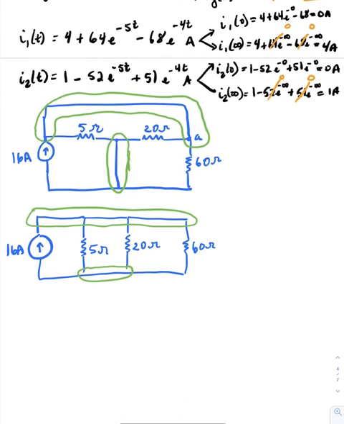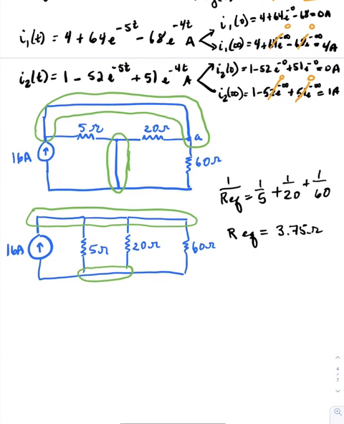So we can find our equivalent resistance. Our equivalent is equal to 1 over 5, well, 1 over our equivalent, plus 1 over 20, plus 1 over 60. And that will give us our equivalent is equal to 3.75 ohms.